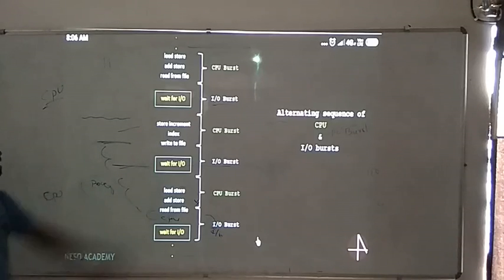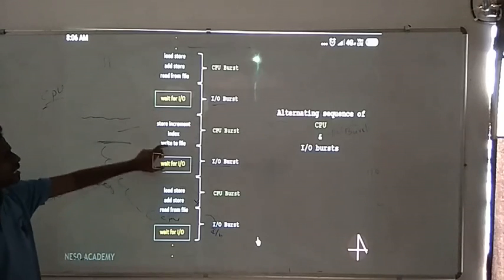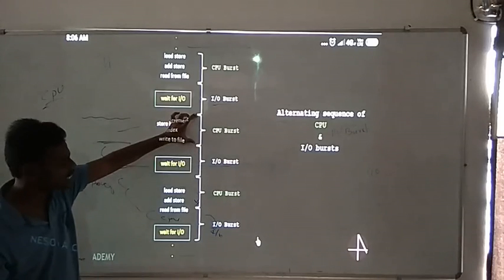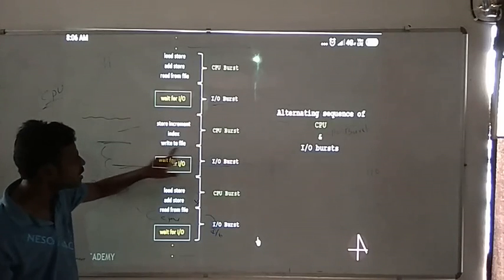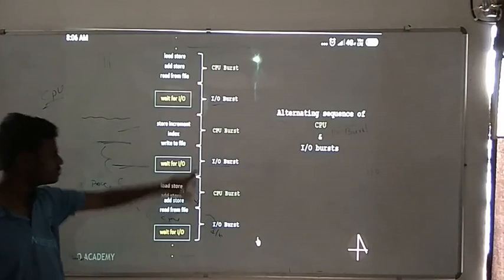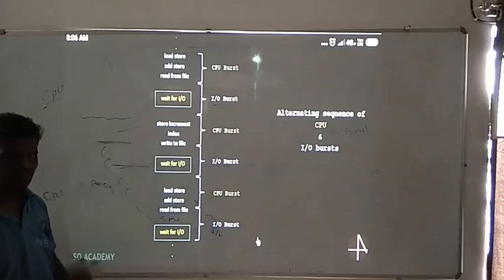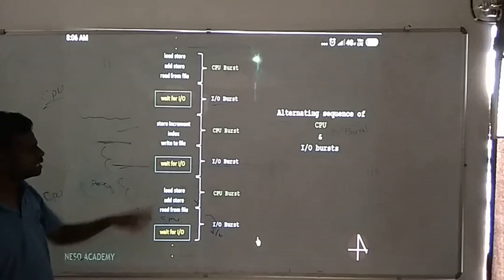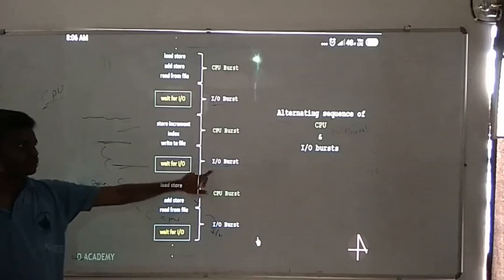Then it will be doing store, increment, index, which is in your CPU burst, meaning the CPU is executing this. But after this, write to file. When you are writing the file, you need IO devices. It will be giving some data to write on the file, and it will be taken to your IO burst.